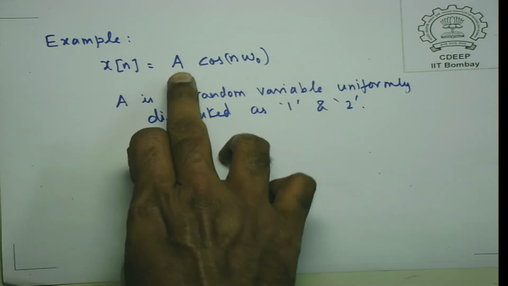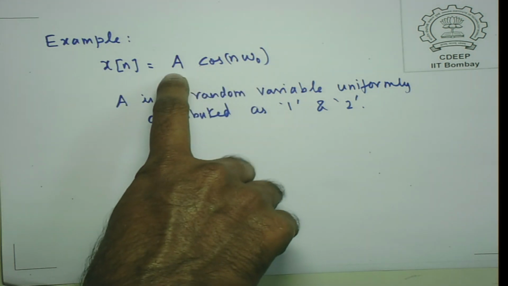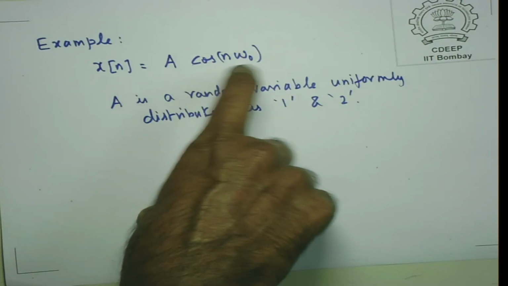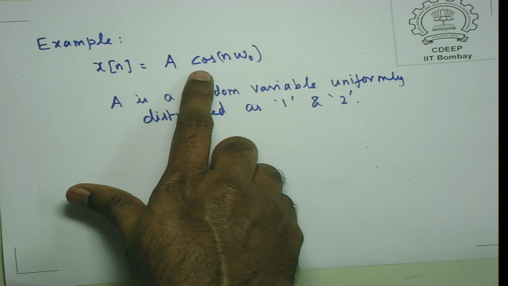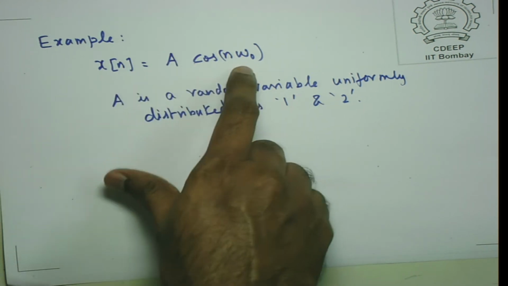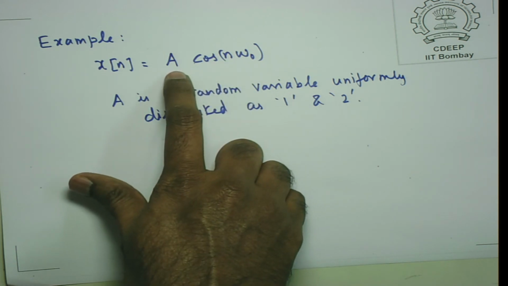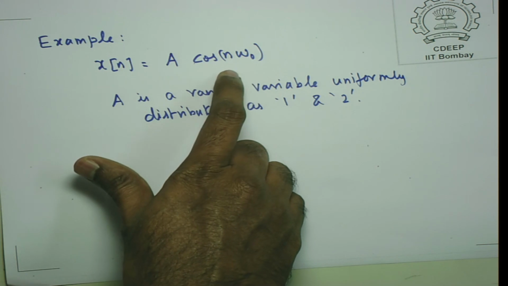One thing to clarify is that the only random quantity here is A, and apart from that everything is deterministic. So think about what will happen if I take just one realization of this. That realization may have A either 1 or 2, let us say it has 1, then the remaining part will be just the cosine signal.